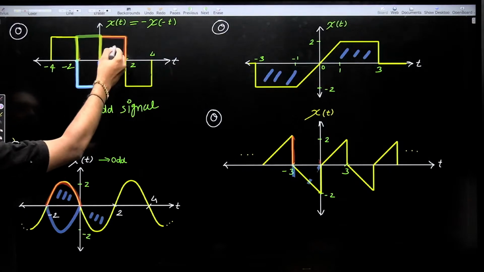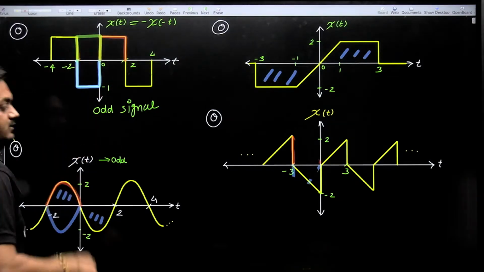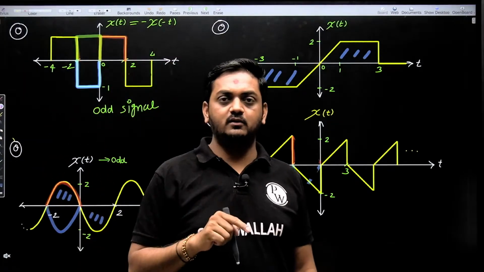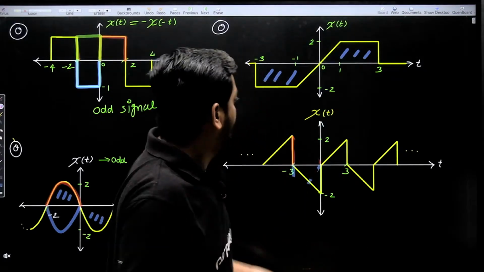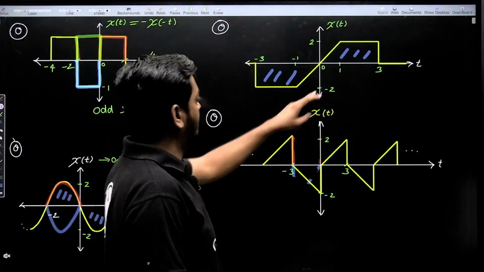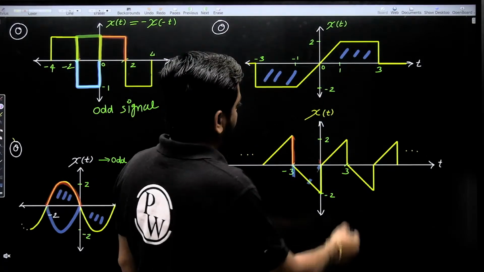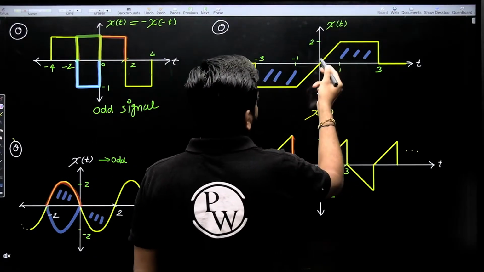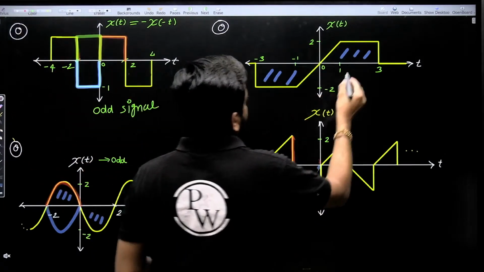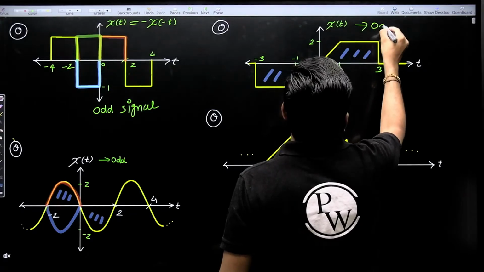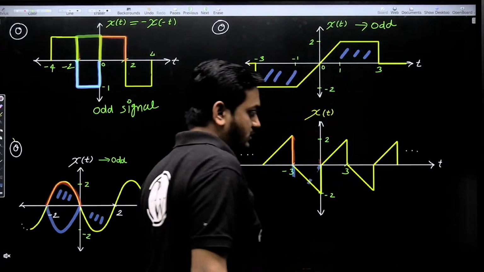Here you can see this is what? First quadrant and third. So for odd signal, first and third, and second and fourth quadrant you have to observe. Okay. See this one. Odd signal, even signal, nano? Between 0 and 3, and here between 0 and minus 3. Tell me, this is also odd signal, yes or no?